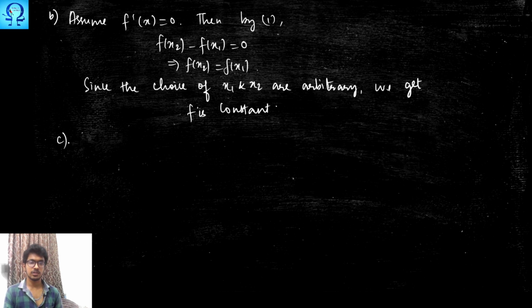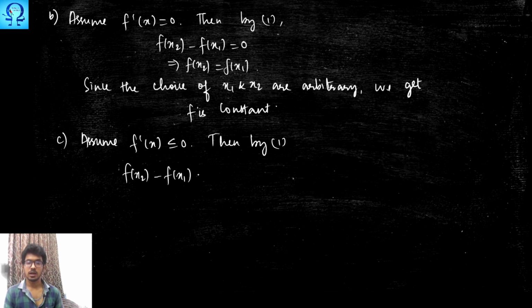In the third part of this proof, let us assume f prime of x is non-positive. Then by 1, what are we going to get? f of x2 minus f of x1: this quantity is non-positive and x2 minus x1 is positive, hence the product is less than or equal to 0.